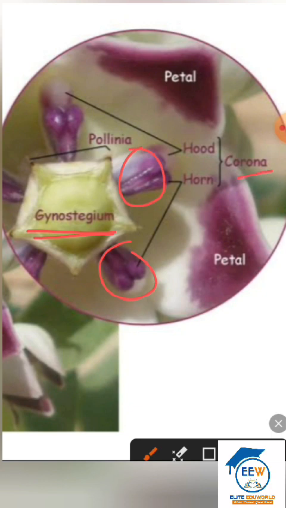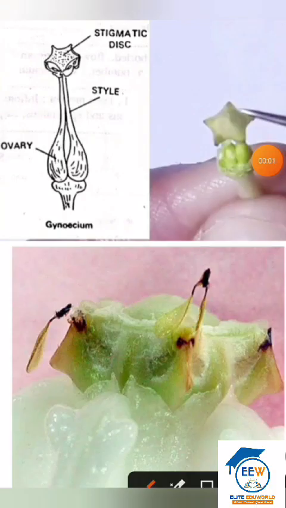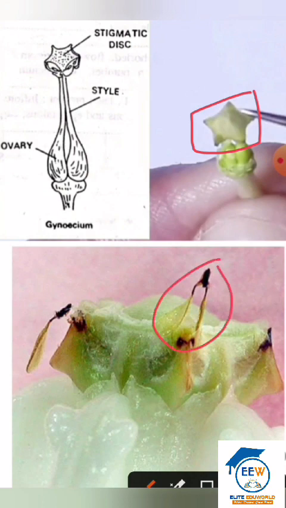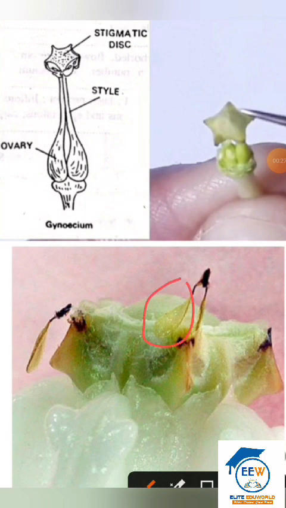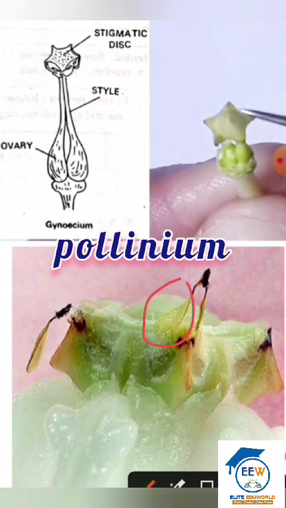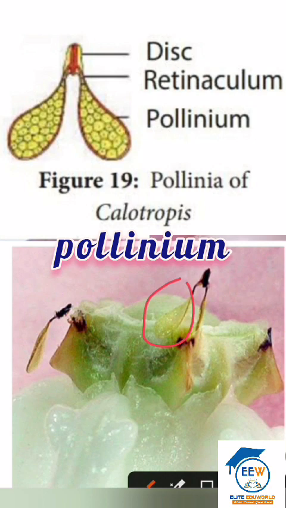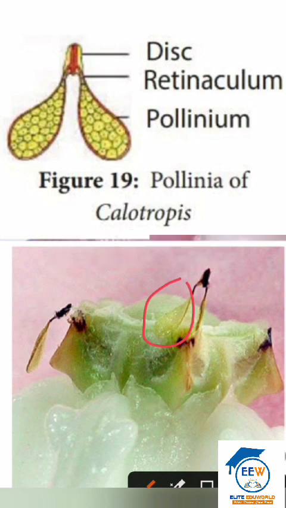Actually these are known as corona, and these structures are made up of 2 parts, hood and horn. As you see, this star-shaped gynoecium is situated in the center, and in the corners, in opposite directions, these pollinia are situated. In the pollinium, lots of pollen grains are enclosed in the membrane of the pollinium.